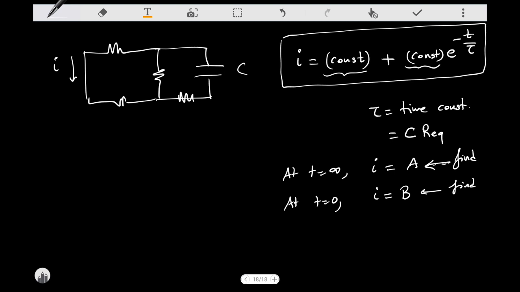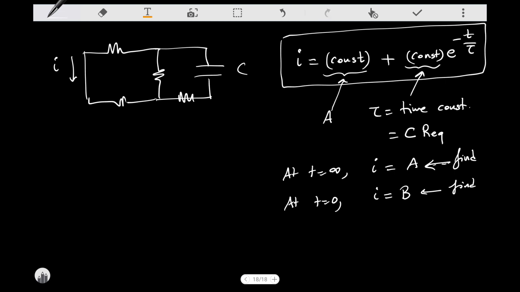So as a result, you then determine both of these constants that should appear in this equation. You can easily see that, for example, at t equals infinity, the exponential term is 0. It just goes away. So you're just left with this one. That's the DC value in a way.